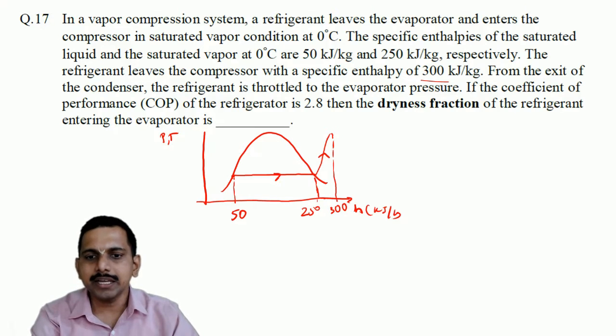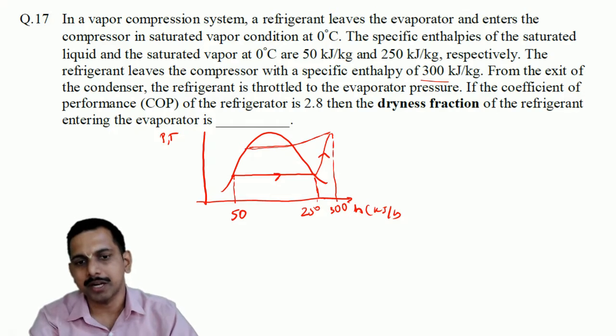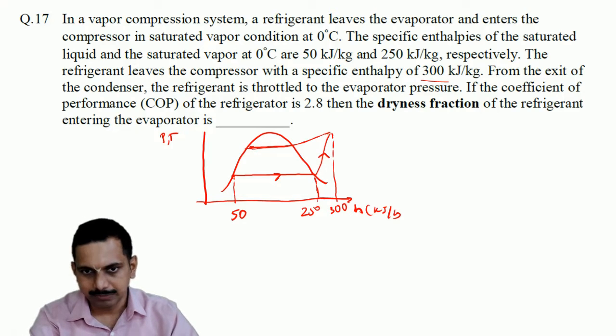Okay, then it goes to the condenser. I am not writing straight lines here, I am just writing a curve this way. May not be 100% correct. So here it leaves the condenser and then it is throttled.